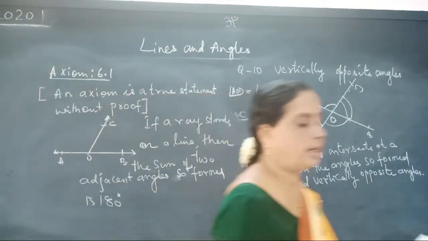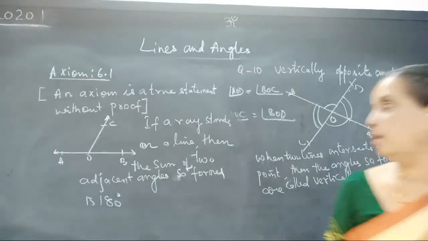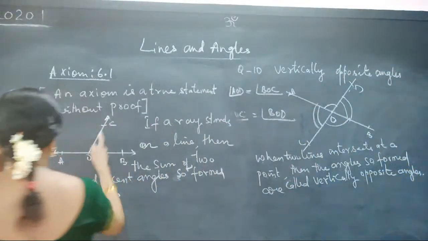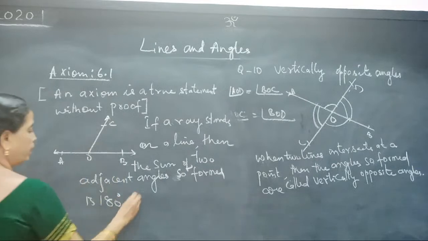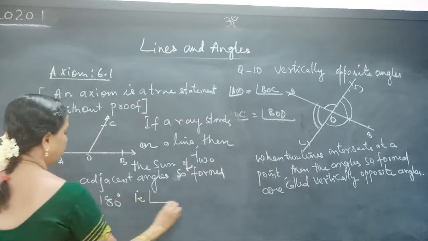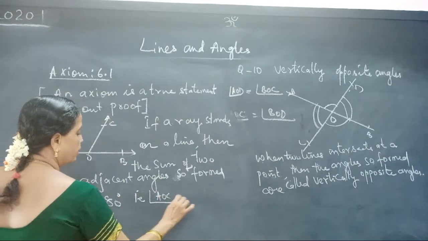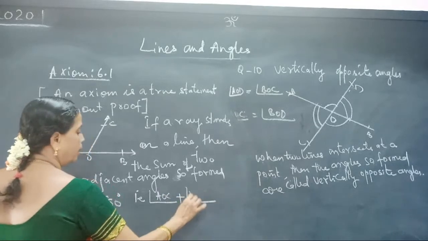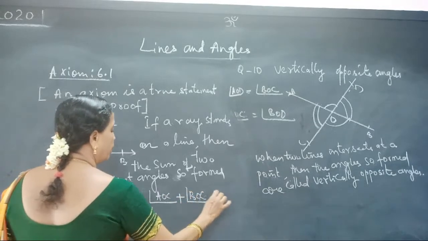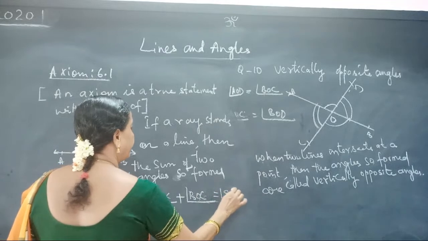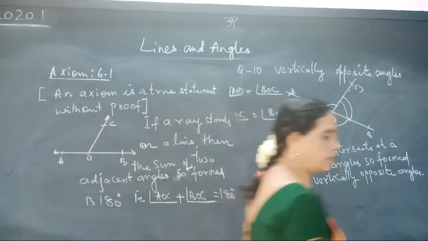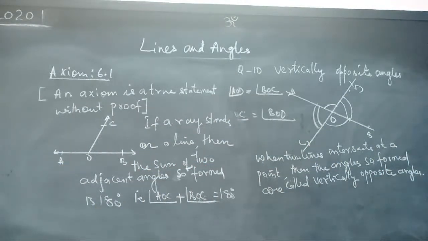Here the adjacent angles so formed are angle AOC and angle BOC. That is, angle AOC plus angle BOC equals 180 degree. Write the statement neatly.